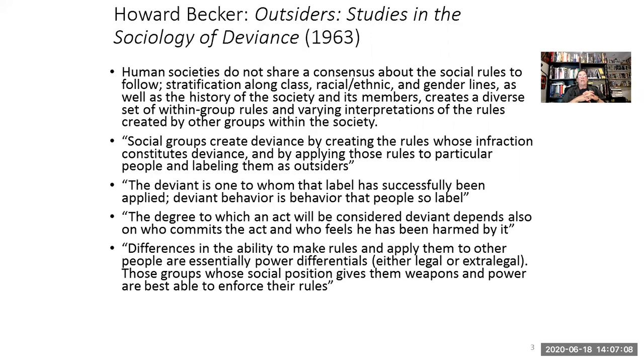And he believed that a deviant is no more than someone to whom the label has been applied. And whether an act is going to be considered deviant or not often depends on who commits it, and who feels he's been harmed by it.